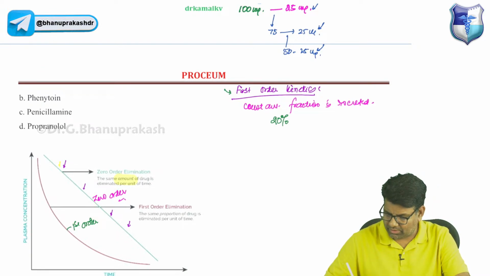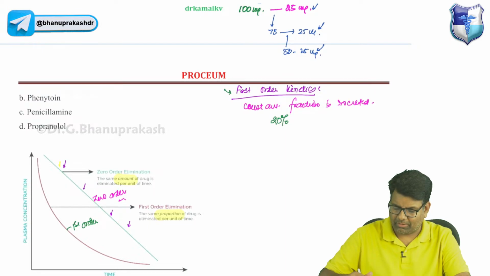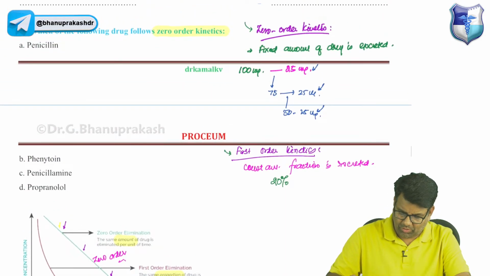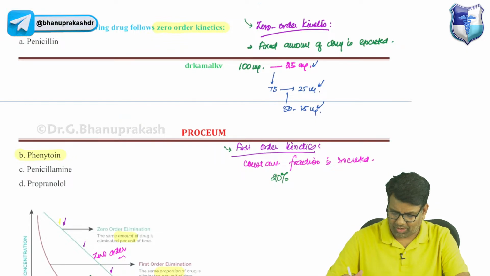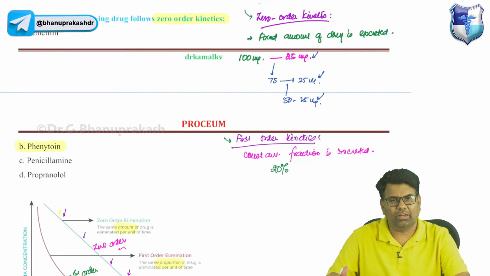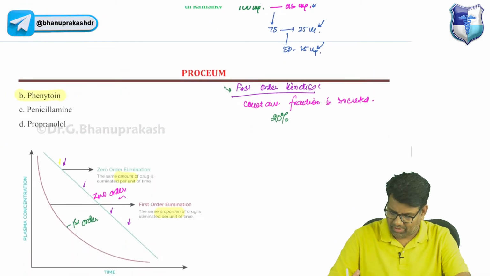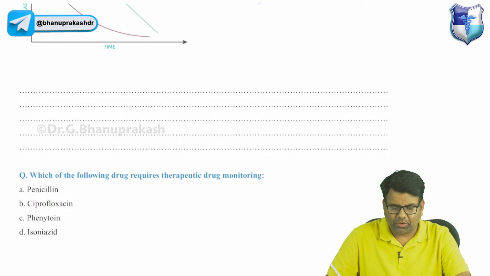In first order, a constant fraction or proportion of the drug is eliminated per unit of time. Zero order is shown by phenytoin. You can have your own mnemonics, no problem, but that is the basic concept. Clear?